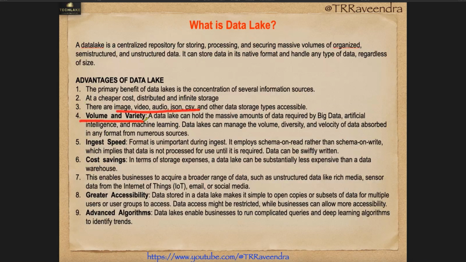Then ingestion speed: you can store data in native format, and while reading, you apply the schema. Then cost saving. If you have huge data on premises, you can go with different types of storage: hot, cold, and archive. The same data lake you can use for other analytics use cases as well, like IoT, streaming, and other purposes.